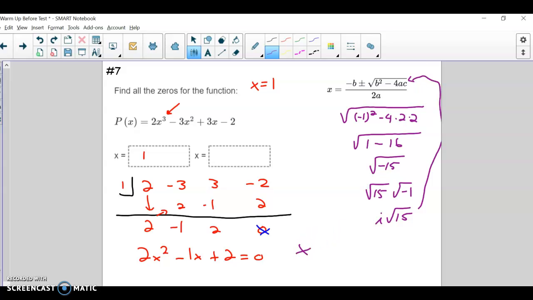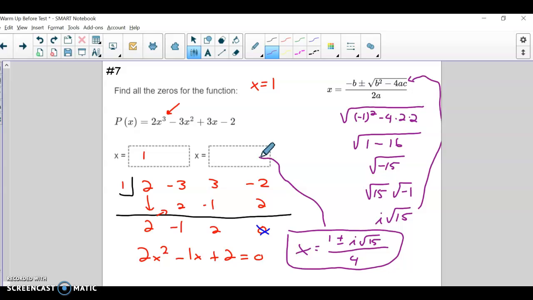So now I'm just going to finish it by saying I have the opposite of b, so it'd be 1 plus or minus i root 15 all over 2a, so 2 times 2, 4. Okay, and that doesn't clean up any further, so that's my other 2 answers. Okay, so I have 1 rational answer and then 2 imaginary solutions with my quadratic formula. So I found all 3.